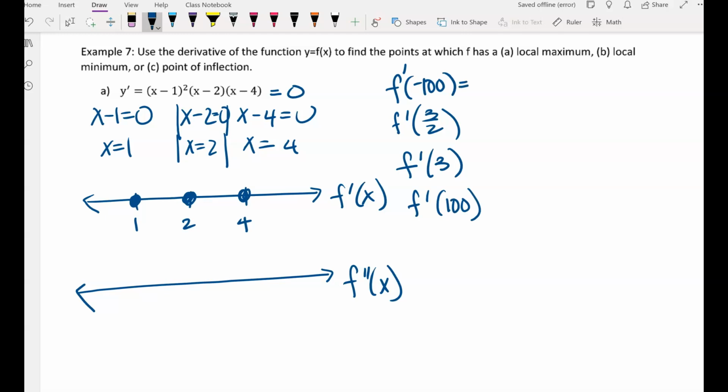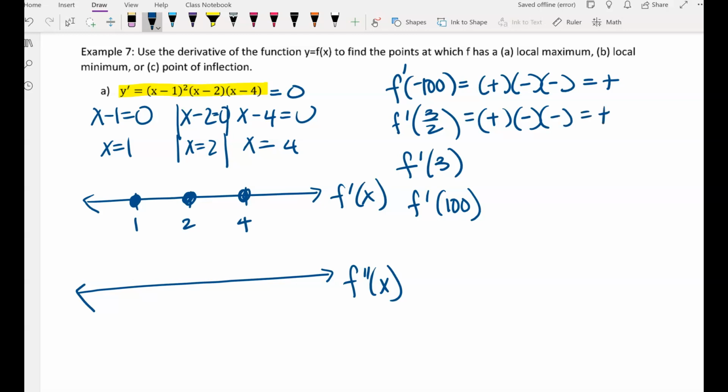So when I plug in negative 100 into this equation, negative 100 minus 1 squared, that's going to be positive. Negative 100 minus 2 is negative. And then negative 100 minus 4 is negative. So when we multiply, that's positive. 3 over 2 minus 1 squared, that's positive. 3 over 2 minus 2 is negative. 3 over 2 minus 4, that's also negative.